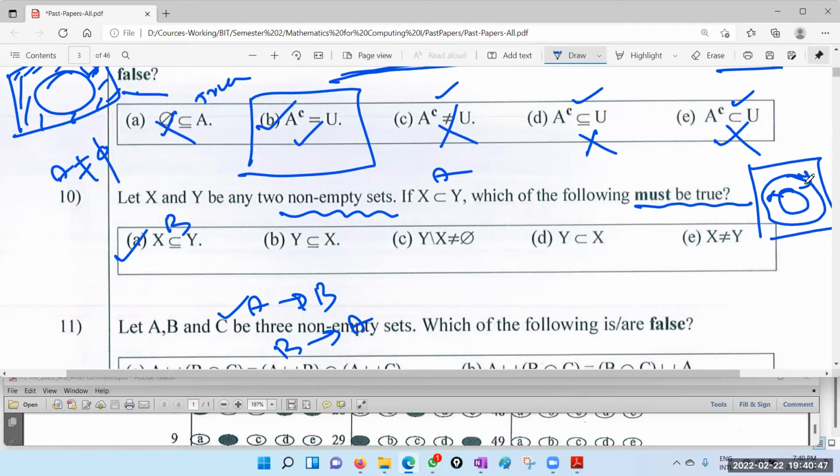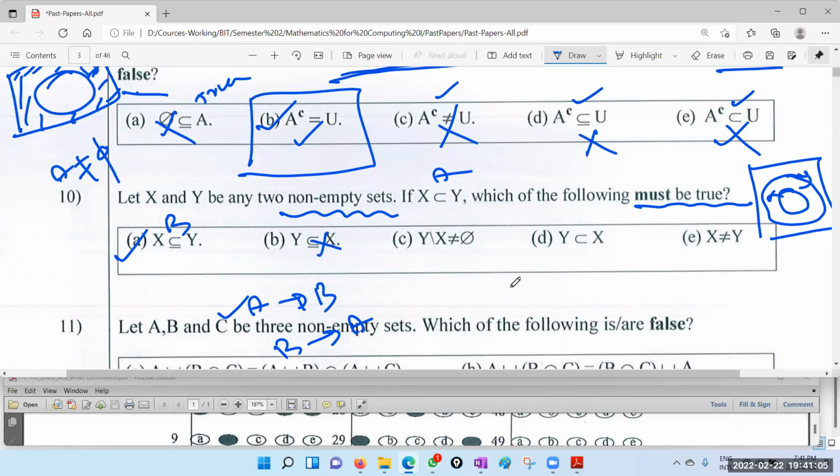Y is a subset of X. No. How can Y be a subset of X when X is a proper subset of Y? So this must be false, because the equal mark is also not there.